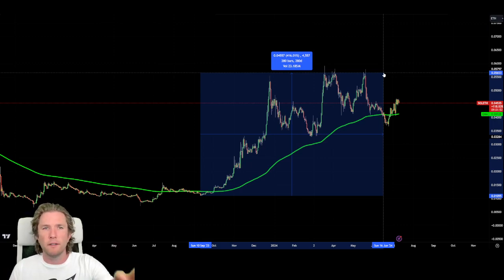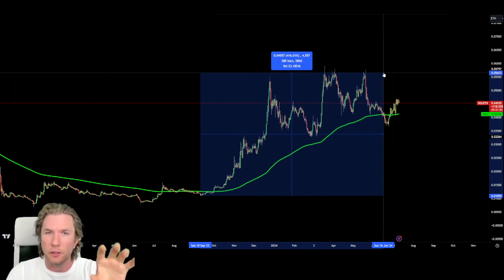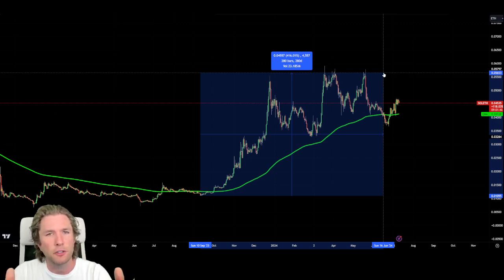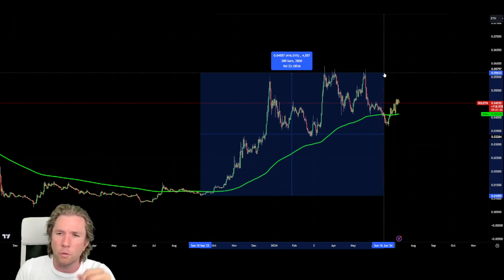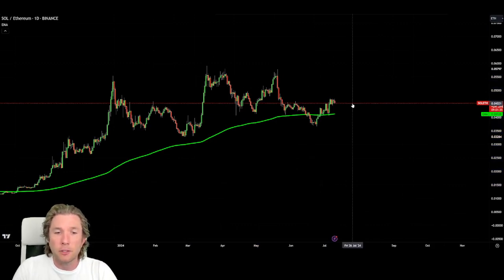When one validator operating system goes down, the other one is still there. If there's a bug here, this one still works. I think this is the first time I've ever seen two clients running for a blockchain, which is very interesting. I think Jump Crypto is the one pushing that initiative. But that's why I like Solana.